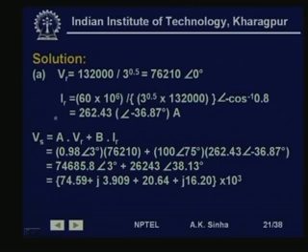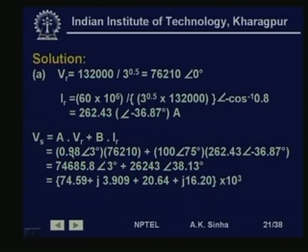Next, we need to calculate the sending end voltage. Vs we know is equal to A into Vr plus B into IR, since we have already calculated Vr and IR as shown here. So, we substitute these values.